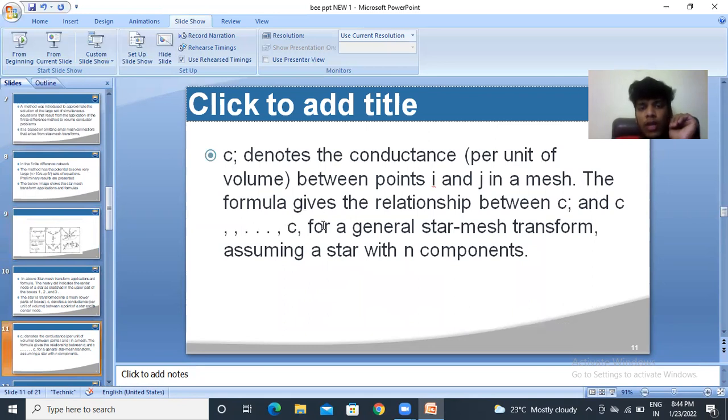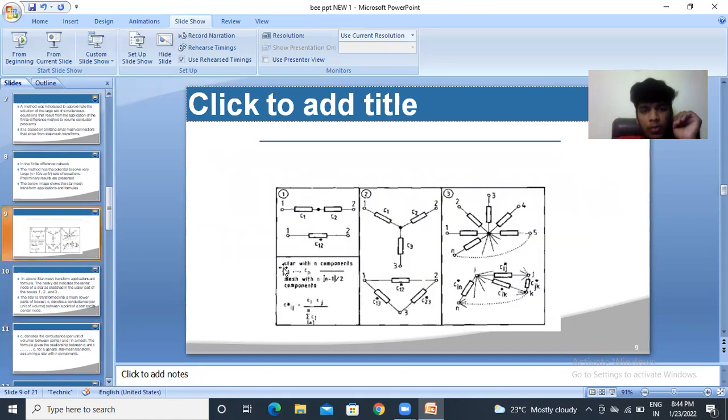Now, the formula gives the relationship between C and C1, C2, up to Cn for a general star-mesh transform, assuming a star with n components. So here is the formula: Cij is equal to CiCj divided by the sum of the C's.